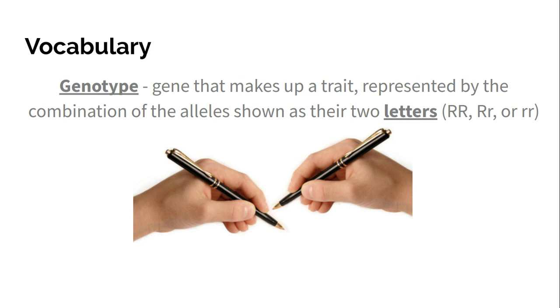So the other types of words you're going to see are the words genotype. If you look at the root of that, gene, okay, is essentially what's inside of us, the genes that make us up. So if someone were to ask you your genotype, you're actually talking about the combinations of alleles inside of you. Again, they're represented by big letters and little letters. So big R, big R would mean you're right-handed because it's 2 dominant alleles together.